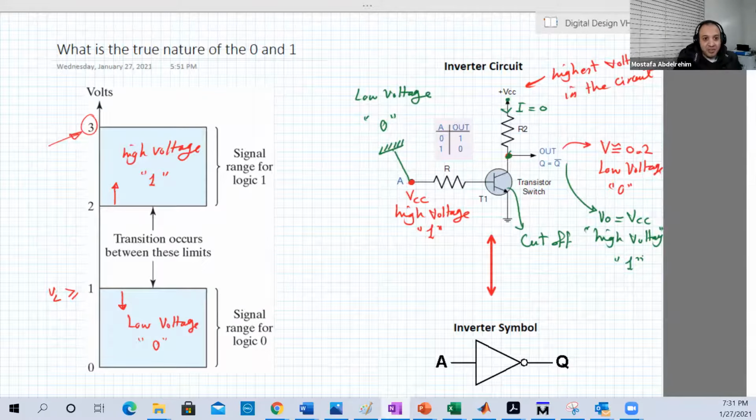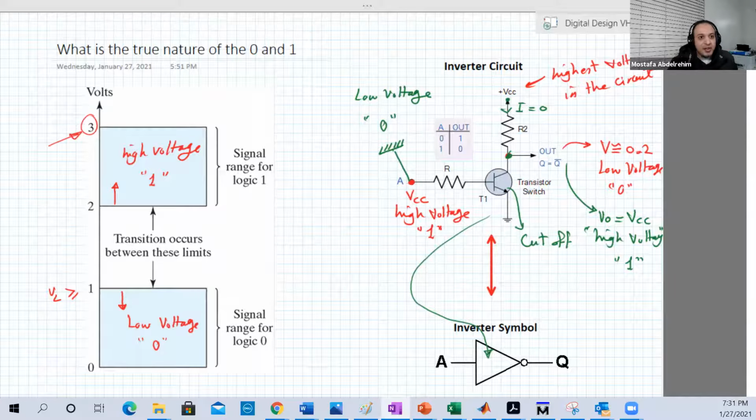So in our circuits, instead of drawing all such stuff, resistors, transistors, we just put a symbol here, which is this triangle with the circle in the front, and this is the inverter. Whenever you see this symbol, you should know that this is a digital circuit which makes the operation of the NOT.